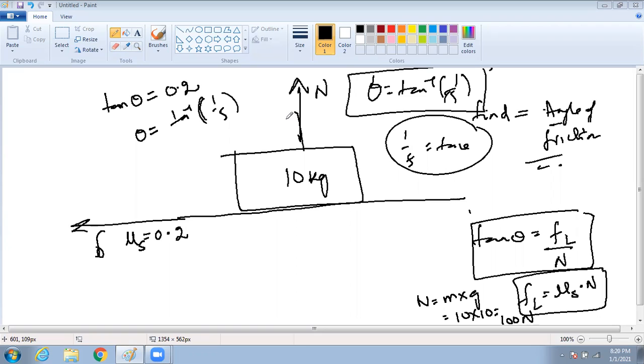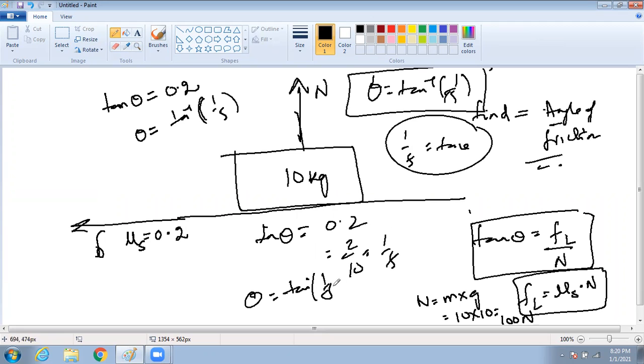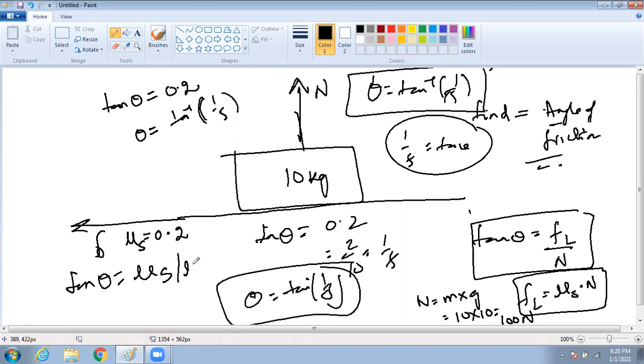Laksh, did you do it or not? What answer did you get? Doing it, sir. Laksh, it's very easy. Tan theta is 0.2. 0.2 is 2/10, 1/5. Theta is tan inverse of 1/5. That's the answer. There's no rocket science. It's very easy, because I told you in the beginning tan theta is equal to mu s or mu k.